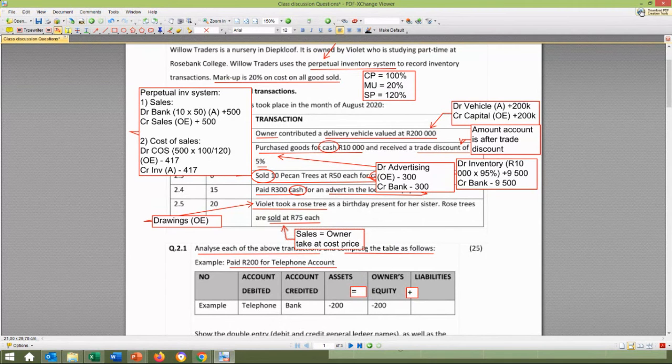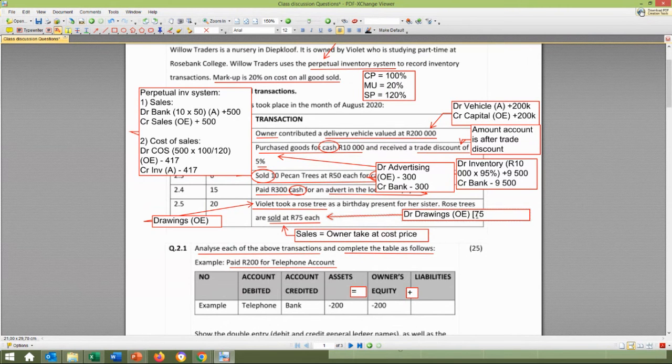So I will need to convert that sales price into a cost price when I do this transaction. So this transaction would be, I would debit drawings. Drawings is being debited, which is part of owner's equity. Now, owner's equity will be decreased when I take something out of the business. But now I have to determine what the value is.